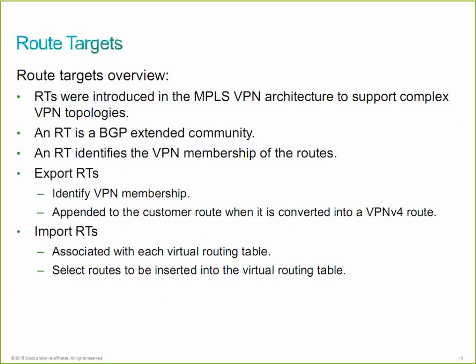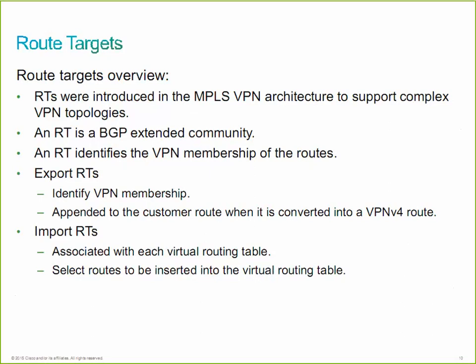Okay? The goal of this export route target is to identify a set of VPNs that the sites are associated with and the virtual routing table that it belongs to. All right?